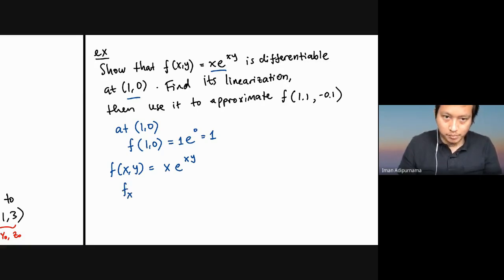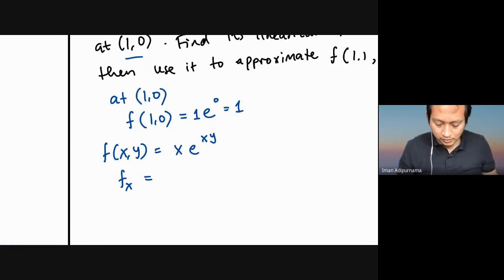And then we have partial x. And remember, if we have this x, we have this is 1 and this is 2, right? So we have two components of x, so we need to do a product rule.